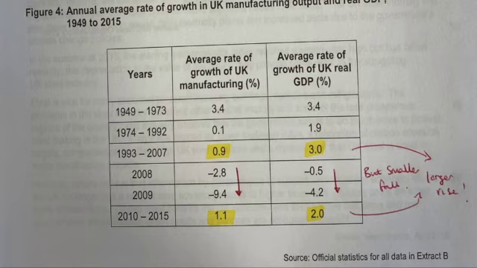But I have noticed again that the average rate of growth of UK manufacturing is less almost throughout the whole period after 1973. And in 2010 to 15, it's 1.1%, whilst the average rate of UK real GDP is 2%. So again, it's risen since 2008 and 9, but it's been a much larger rise in the average rate of growth. So again, it might suggest that manufacturing has not been a massive contributor for that.